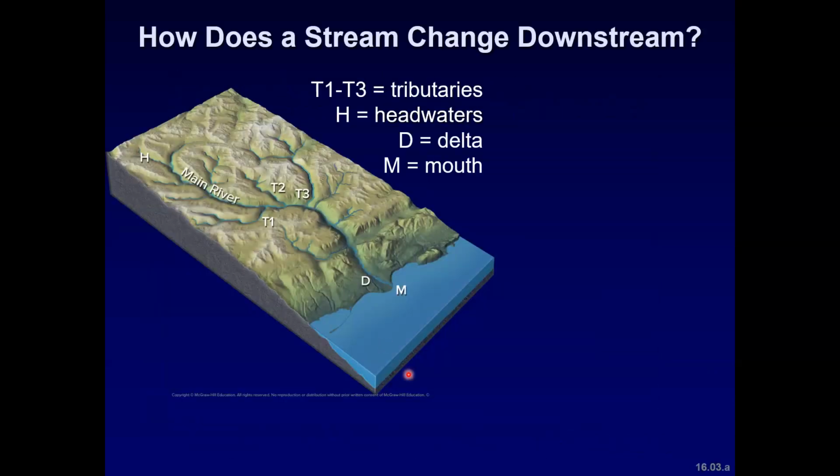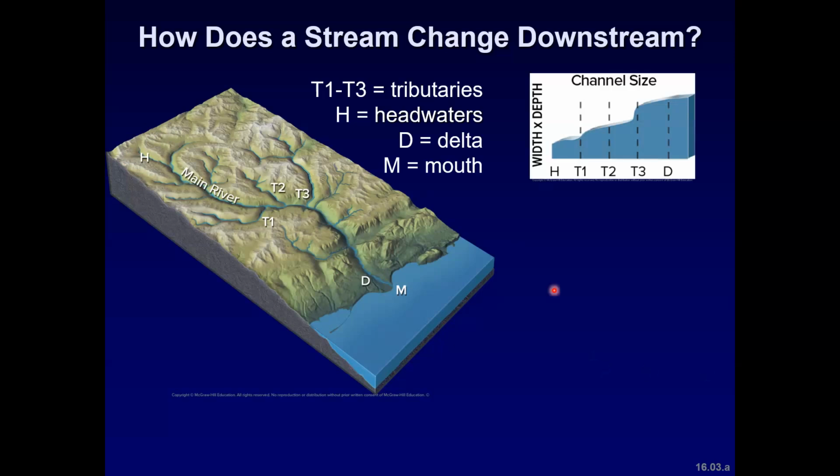So with that, how does a stream change downstream? We have T1 through T3 marked as tributaries, H being the headwaters where that stream originates, D being the delta, and then M being the mouth, essentially where the stream ends. There are a lot of different charts for this slide, but we'll start here.